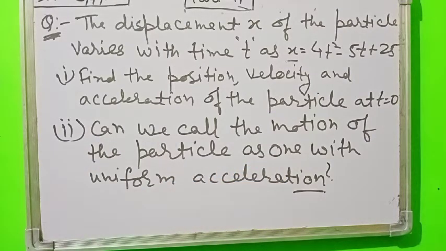The motion of the particle will be moving with uniform acceleration if the acceleration of the particle is not time dependent. If acceleration of the particle is time dependent, then we cannot call the motion of the particle with uniform acceleration. So first of all, we find the position, velocity and acceleration of the particle at t is equal to 0.